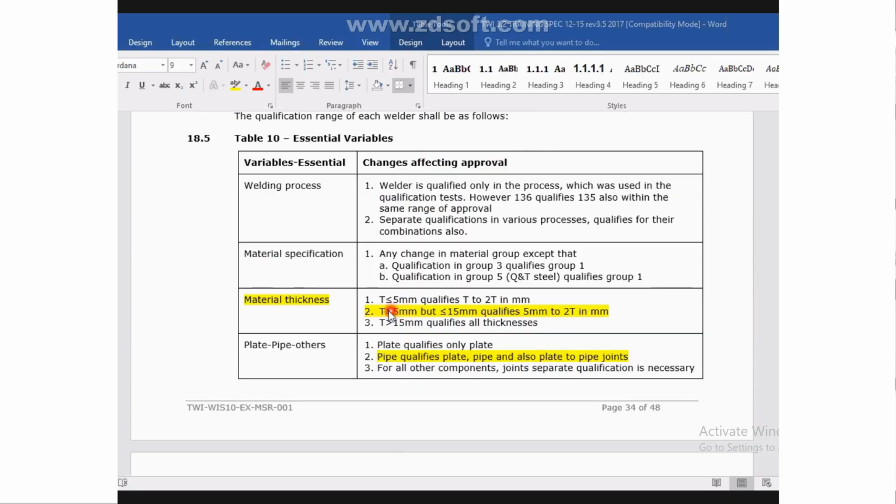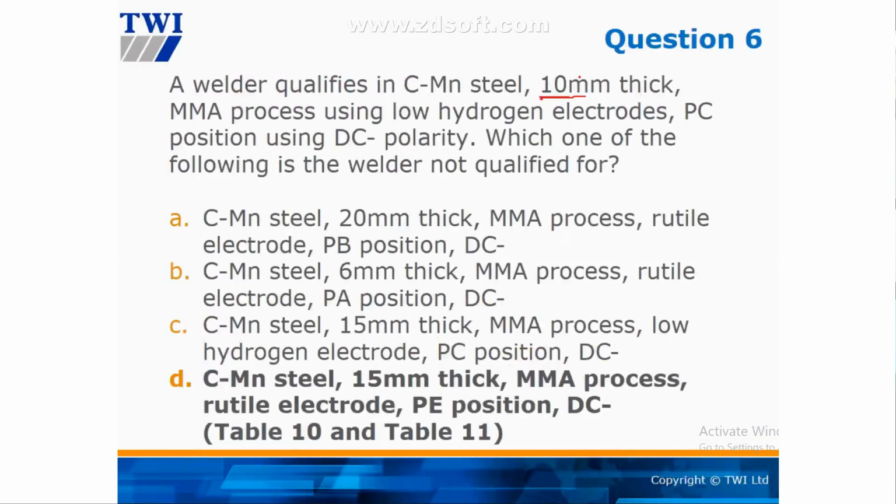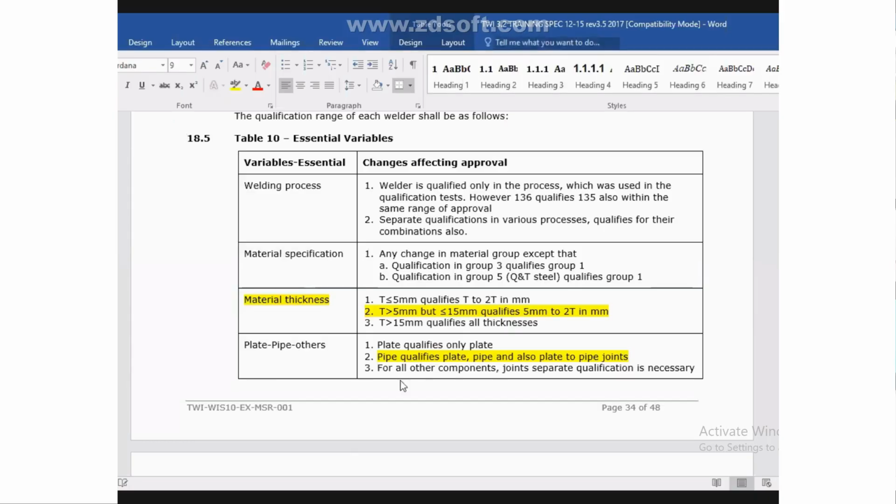The thickness given is 10 mm, all right? So here it will qualify less than 15, qualify 5 mm to 2T, meaning 5 to 20 mm is qualified.